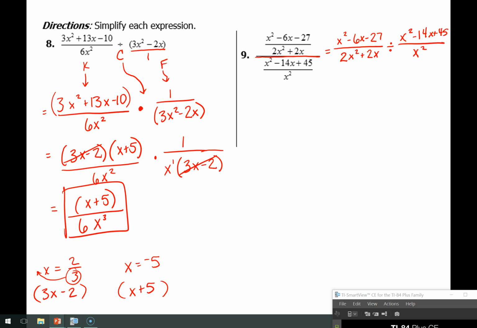All right, and then from there, this problem is the same. We're going to keep, change, flip. Changing the operation sign to multiplication and then flipping the second fraction.